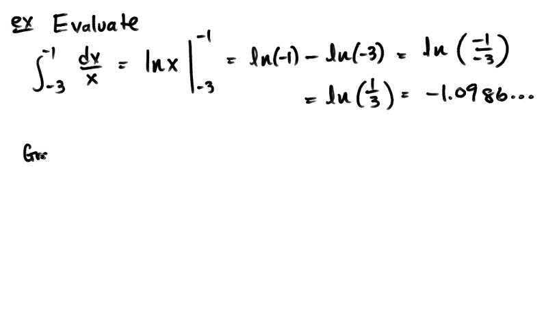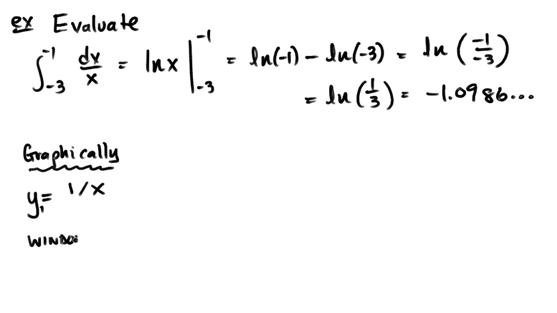So we can also do this question graphically on the calculator, which is pretty cool. If you enter in y1 as 1 over x, so that's your function, y1, and then we want to show with our window settings an interval that will include -3 to -1.